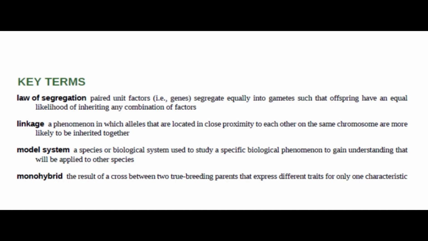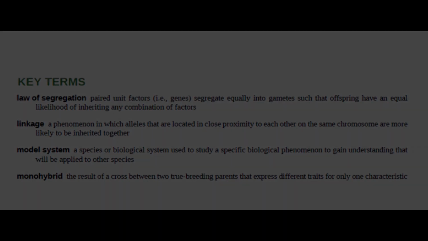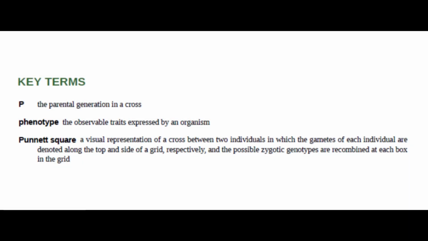Monohybrid. The result of a cross between two true breeding parents that express different traits for only one characteristic. P. The parental generation in a cross. Phenotype. The observable traits expressed by an organism. Punnett square.